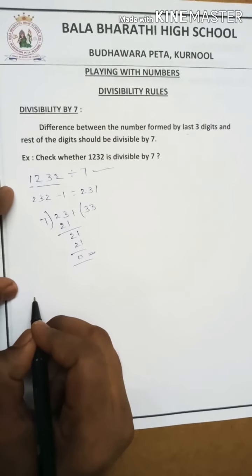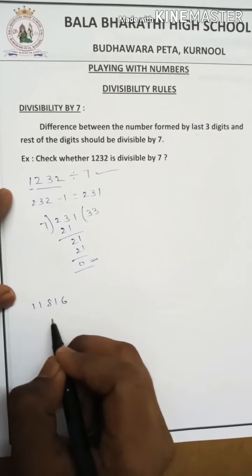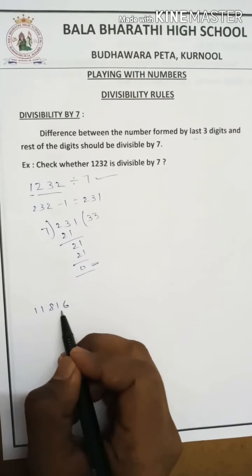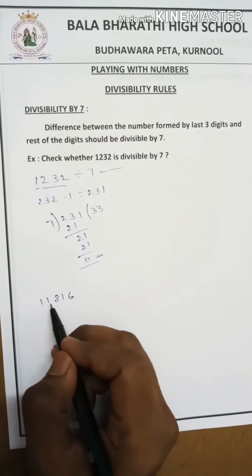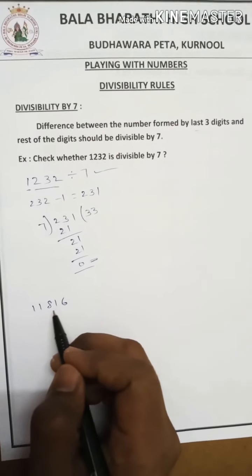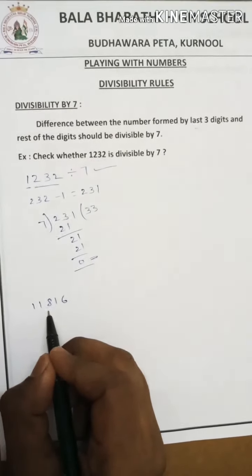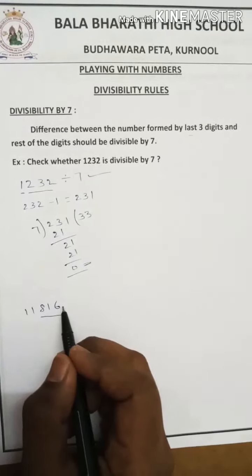So here I am taking one more number, that is 11,816. Observe this number carefully. We have totally 5 digits in this number, right? What are those digits? 1, 1, 8, 1, 6. And in this number, what are the last 3 digits we have? 8, 1, 6, right? So basically this is 816.